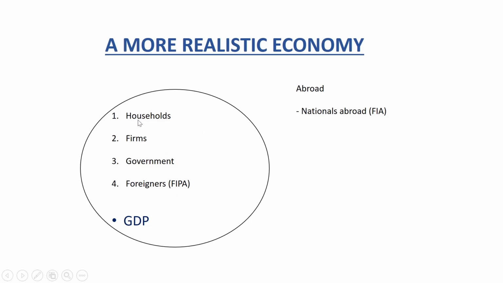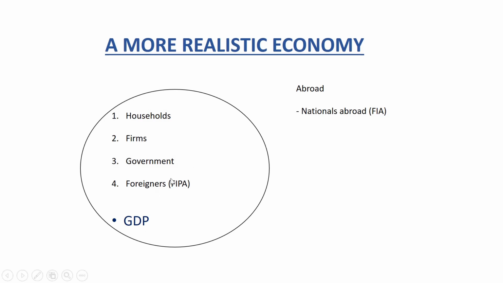So when we take up, within a particular period, all the goods and services that have been produced within the borders of our country, regardless of who produces it, whether it is produced by citizens or foreigners, it does not matter. All that matters is that the goods and services were produced within the borders of our country. When we take the monetary value of all these goods and services, we term it as GDP, gross domestic product.